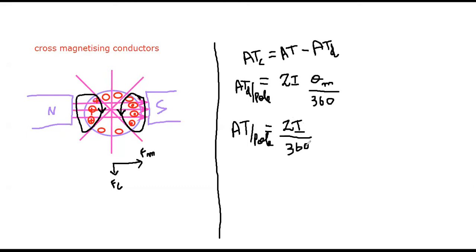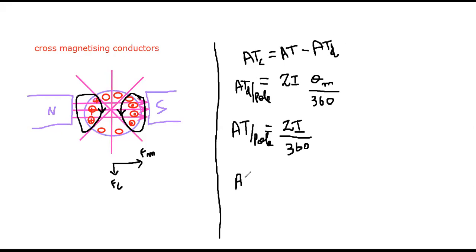Now in this, I want to calculate the value for the ampere turns for the cross magnetization effect. To calculate it, substitute this value into this equation.